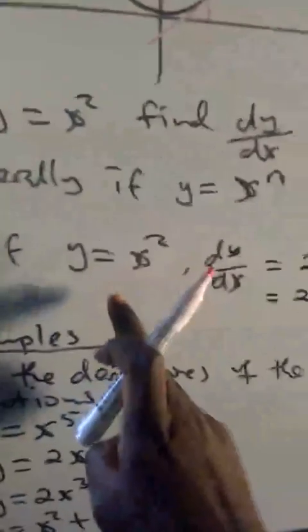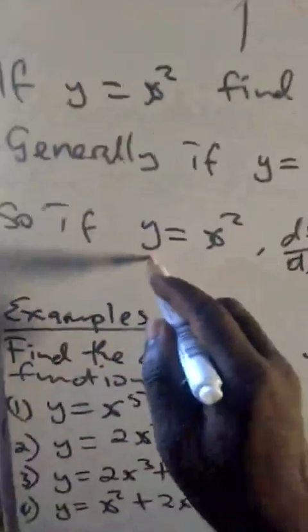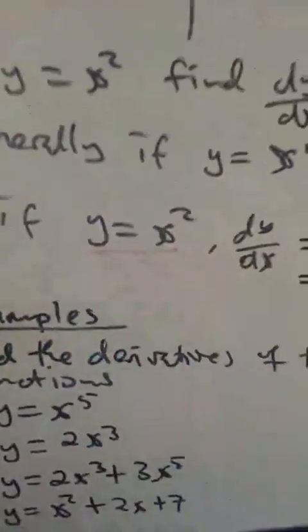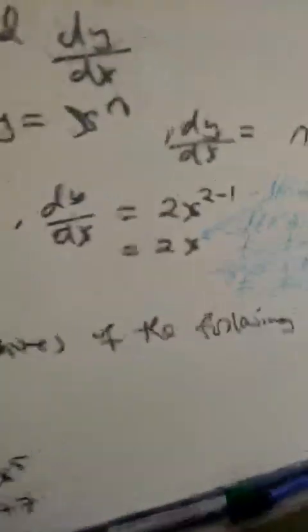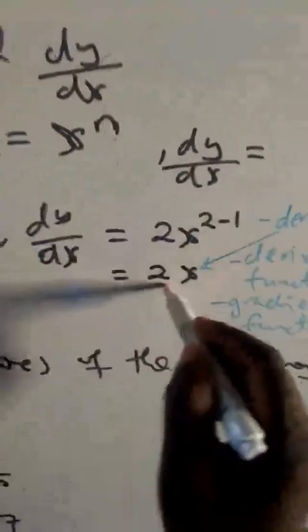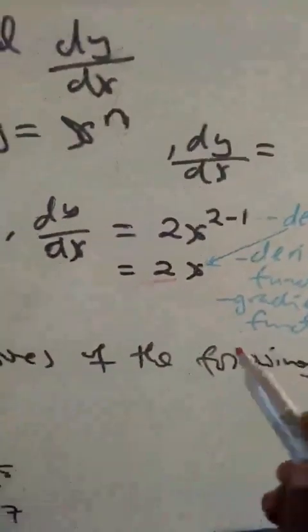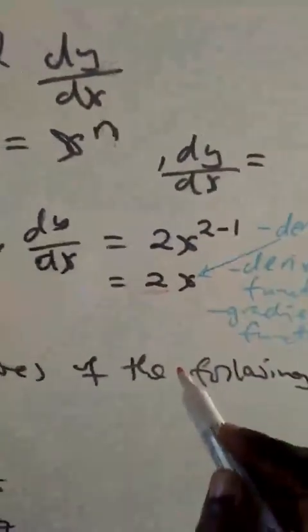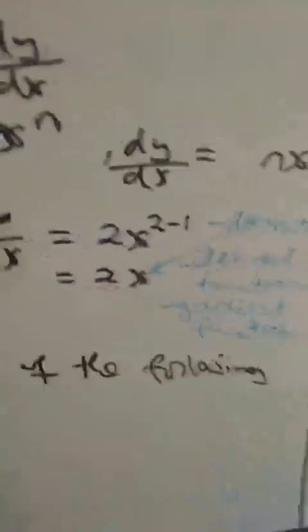If we come here and say we have a function y is equal to x squared, then we drop the power, which is 2, and it becomes a coefficient like this. Then we subtract 1 from the power, and it becomes x to the power 1.